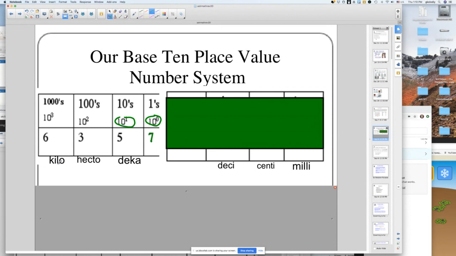Kilo means 1,000. So kilograms means 1,000 grams. These you probably never heard of, but they're there. A hecto means 100, so a hectometer would be 100 meters. Deca means 10. And also going the other way, we'll get to the small numbers a little bit later.